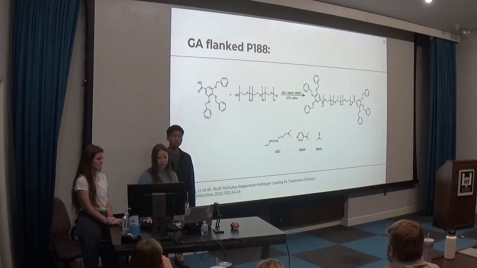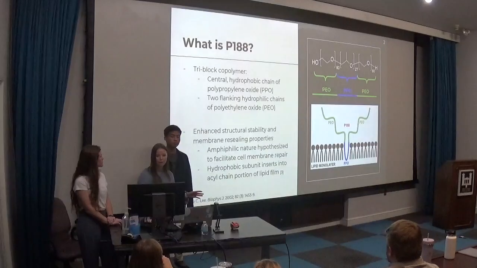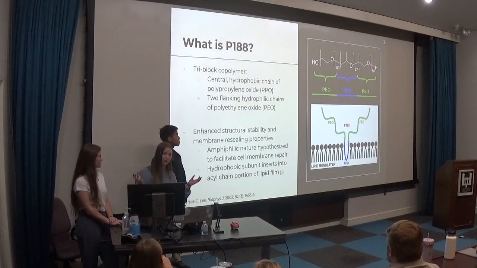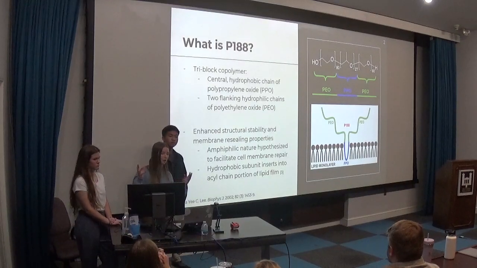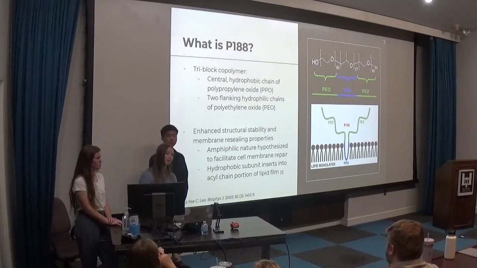So specifically with adding the antioxidants, we'll be killing two birds with one stone, because we'll have our antioxidants attached to the end of P188. That will be reacting and binding with any other reactive oxygen species within our body that aren't interacting with other cells, while at the same time it will also be inserting into the cell membrane to help reseal any harmful effects that have already been caused by reactive oxygen species.